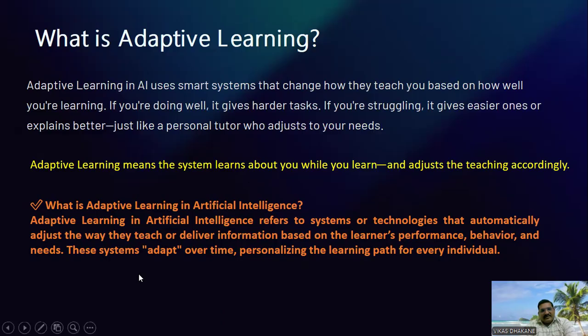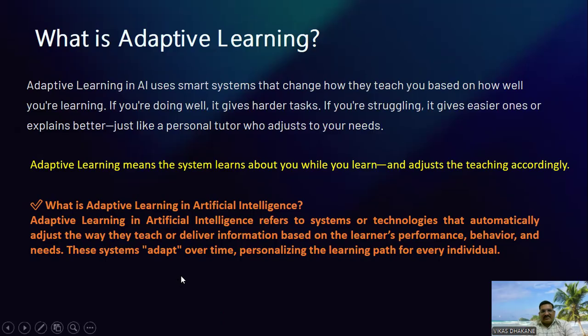So in short, the adaptive learning in artificial intelligence refers to the system or technology that automatically adapts the way the system or the teacher teaches or delivers the information based on the learner's performance, behavior, and needs.